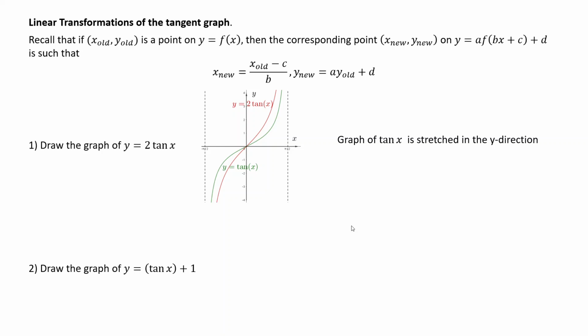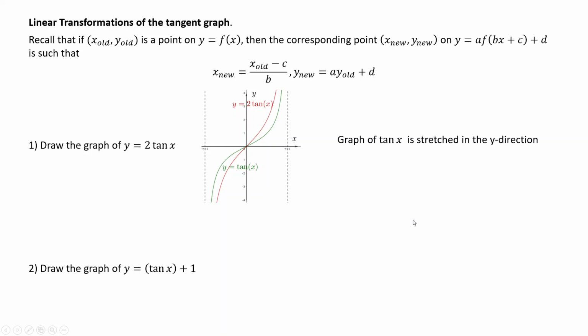Now, what about the graph of y equals tangent x plus 1? What would that mean? The old graph is y equals tangent x, but now we have y equals tangent x plus 1. So let's interpret that in terms of a, b, c, and d. a is 1, b is 1, c is 0, d is 1.